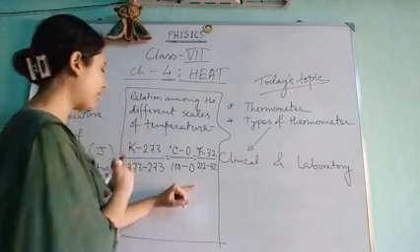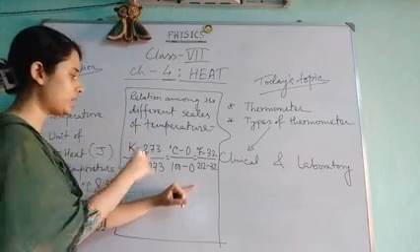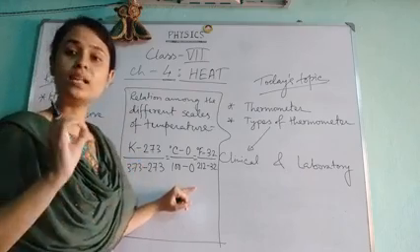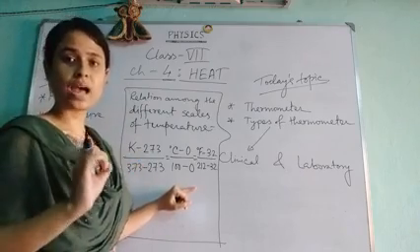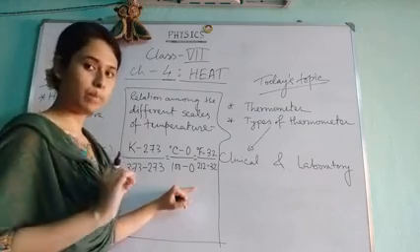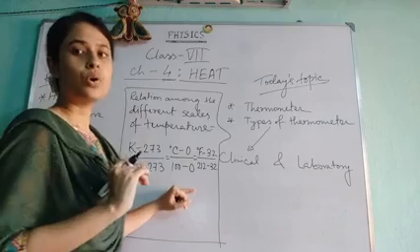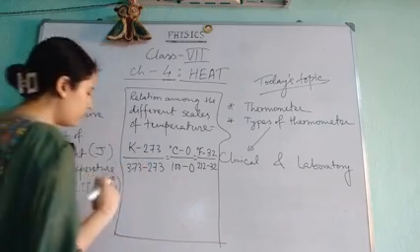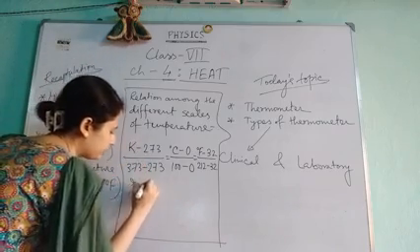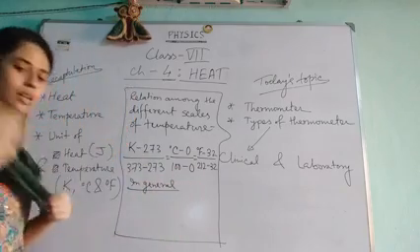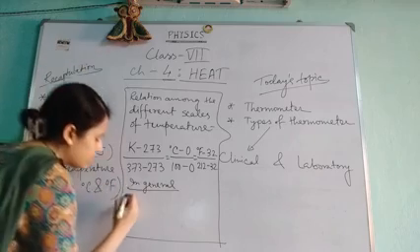Because if we are writing all the relations among these 3 scales like this, I can tell you one general relation which can help you to remember all these 3 relations. So what is that? The general one. In general, what we can write?